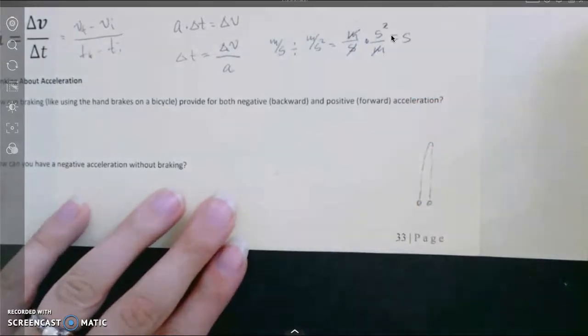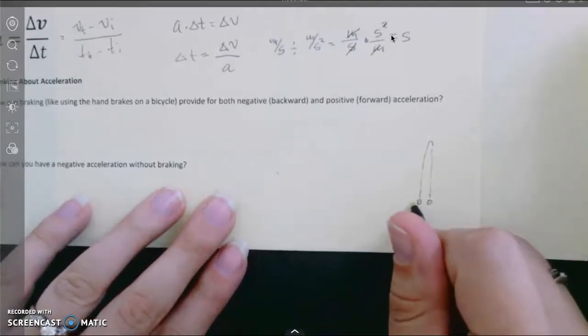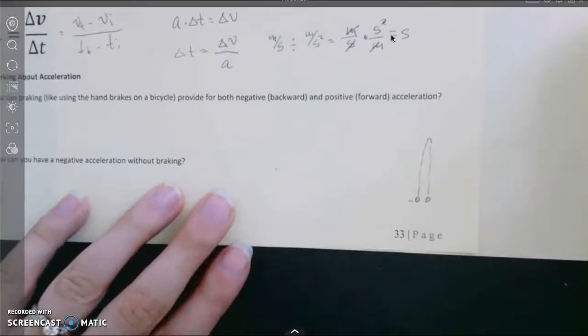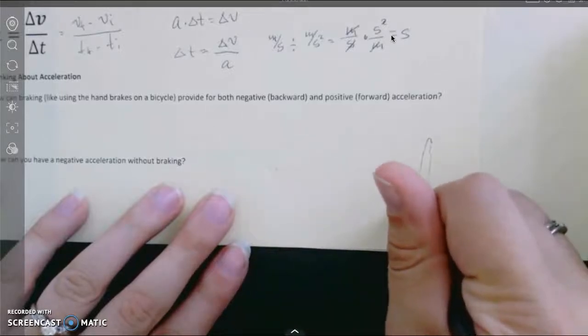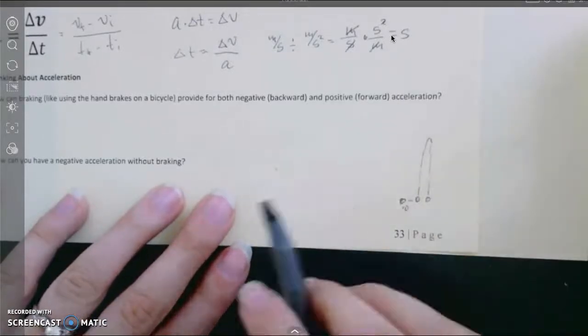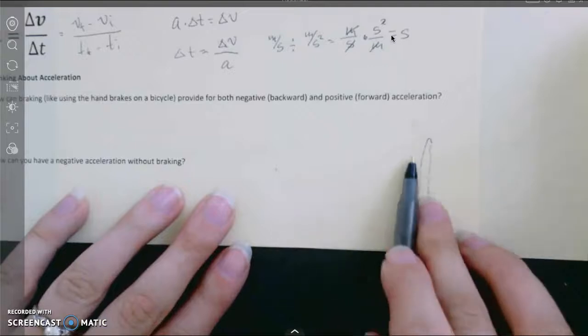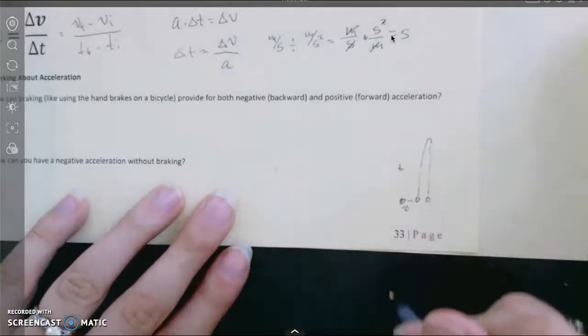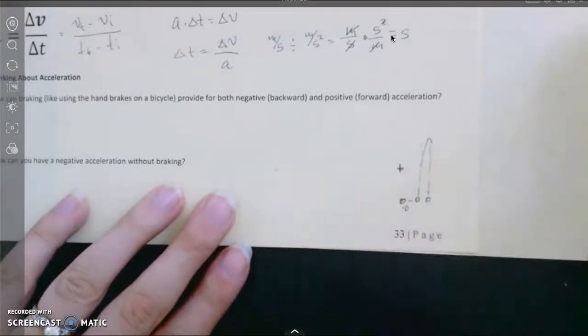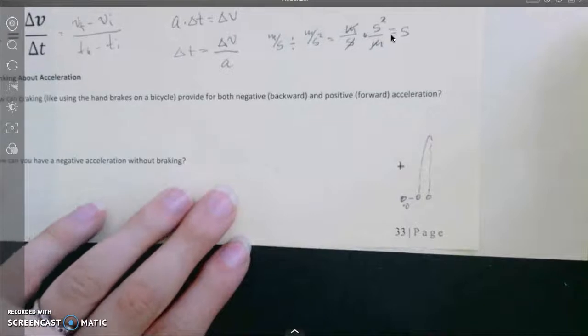Okay? Now, let's establish an origin. Let's say your hand, this moment that you let it go, we're going to call that 0. That's going to be our 0, 0 point, like our origin, okay? And we're going to call going up our positive direction, and then going back down would be a negative direction.